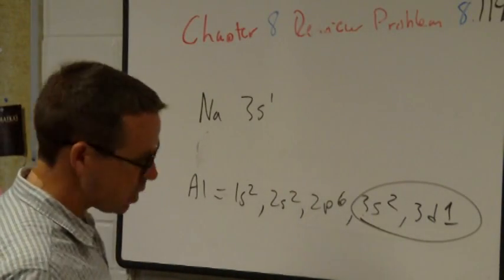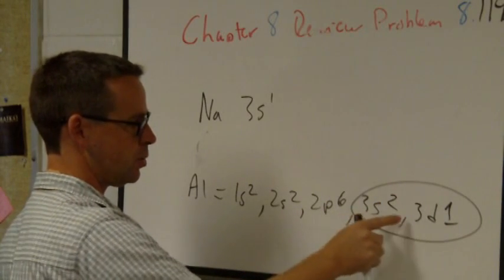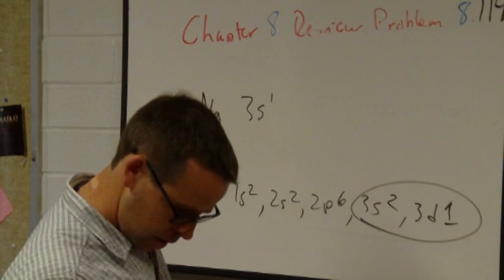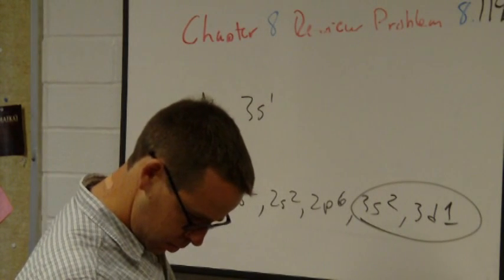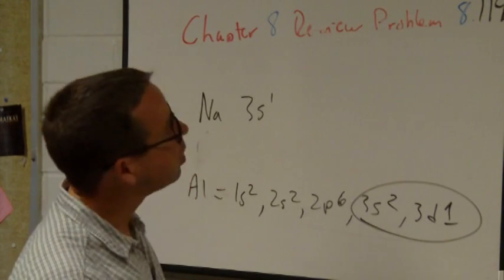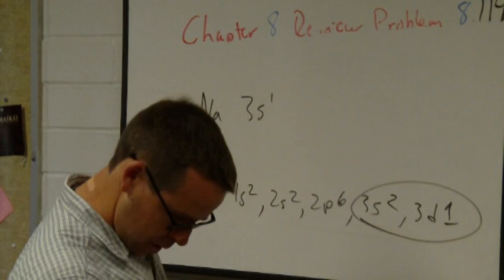Okay? Because, again, the valence electrons are the ones with the highest values. So sodium, aluminum. Did I miss one? Oh, that's right. 819. Sodium, aluminum.